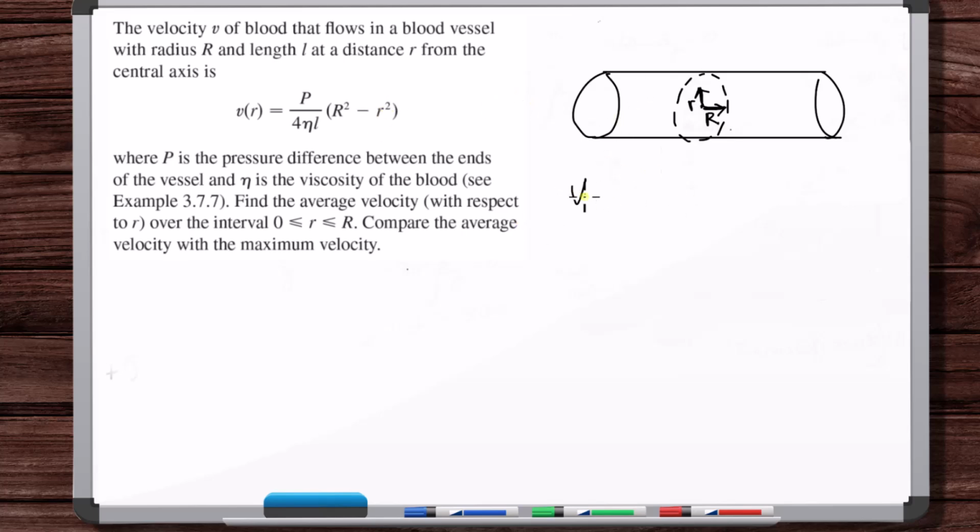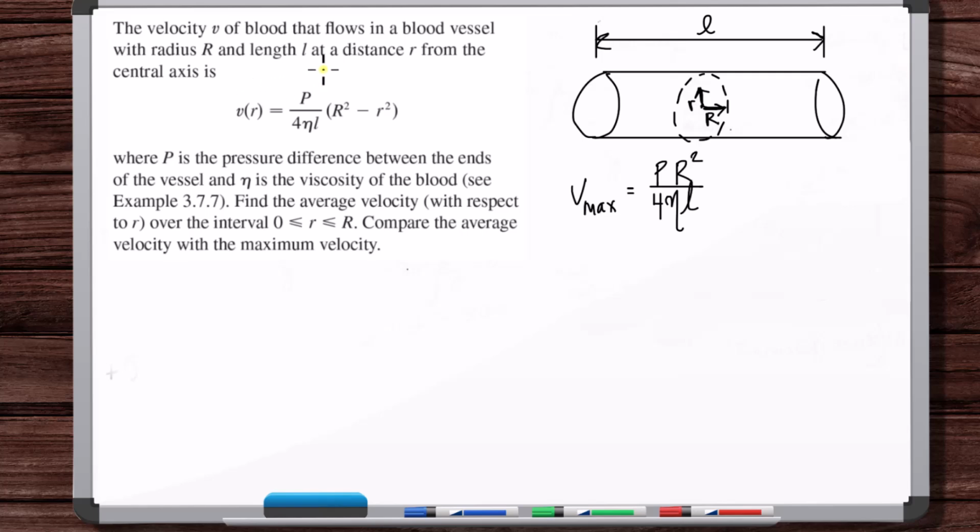So V max was equal to P capital R squared over 4NL, where L is the length of the blood vessel, P is the pressure difference between the ends of the vessel, and N is the viscosity of the blood.